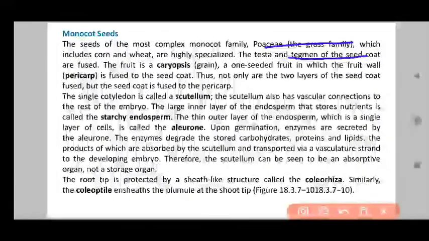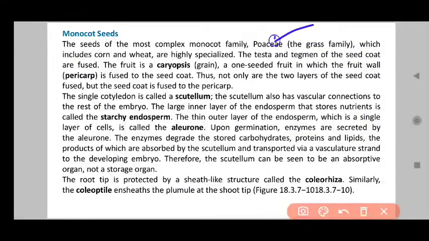So I know rice, wheat, these are monocots and cereals, these species are monocots. Because why? Monocots include the corn and wheat that are highly specialized, where the testa and tegmen, that is your outer part and inner part of your seed coat, are fused.